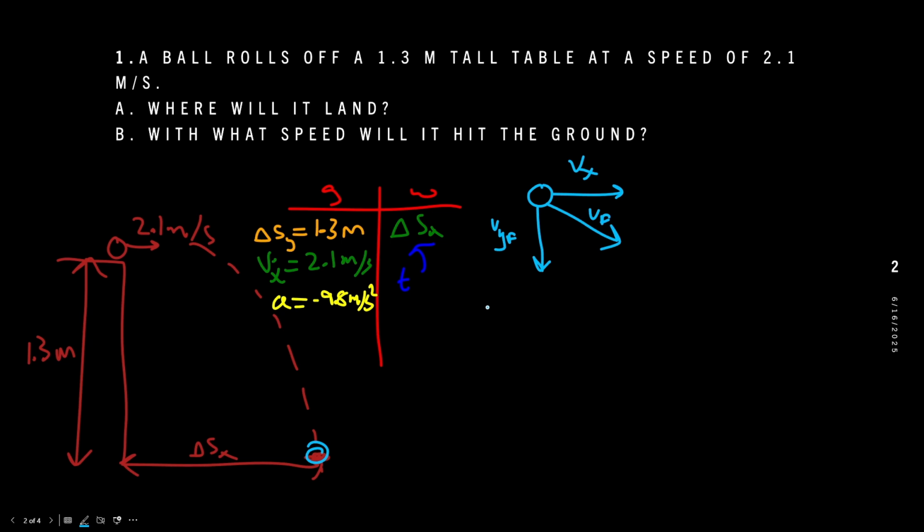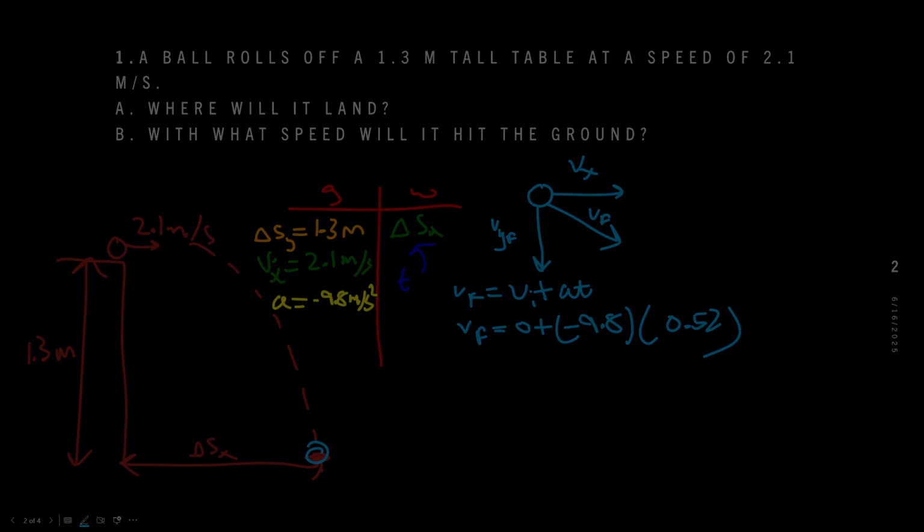So to find VYF, we could use the formula VF equals VI plus AT. And then we could just plug in our values. So we know we want to find VF, then we know VYI is 0, and then plus negative 9.8 times our time, which is 0.52.